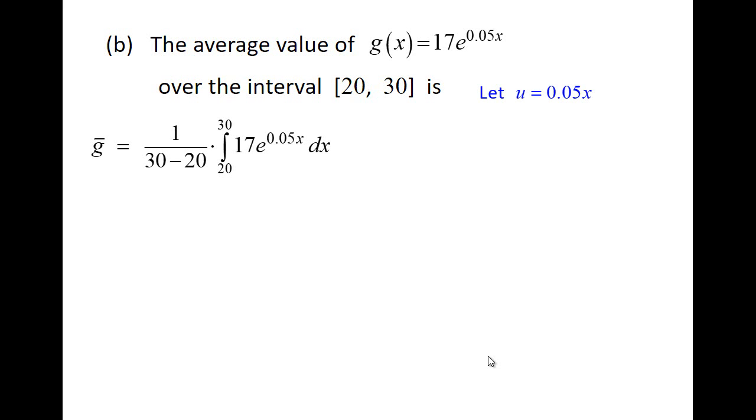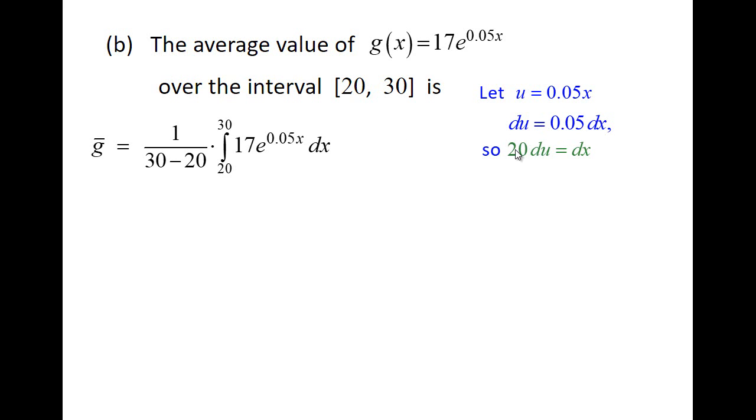Now the antiderivative, to find that, we're going to use u to be 0.05x, du would be 0.05 times dx, and so in this case I'm going to multiply both sides by 20, or you can say we divide both sides by 0.05.